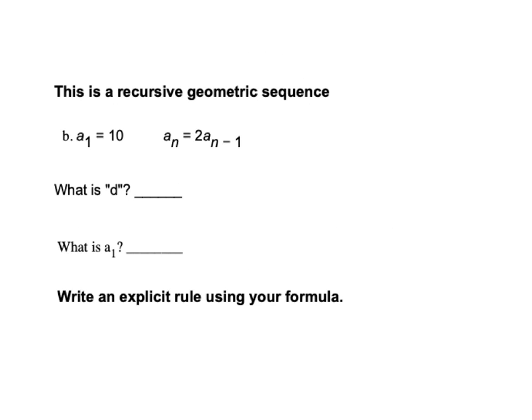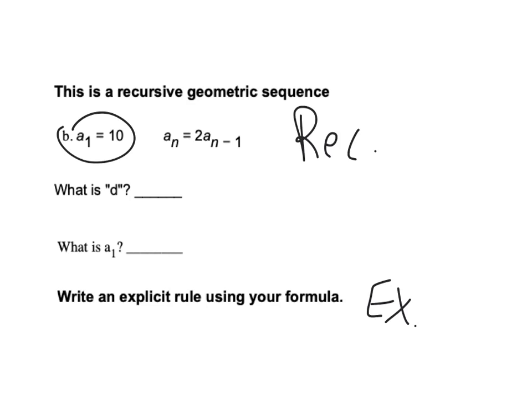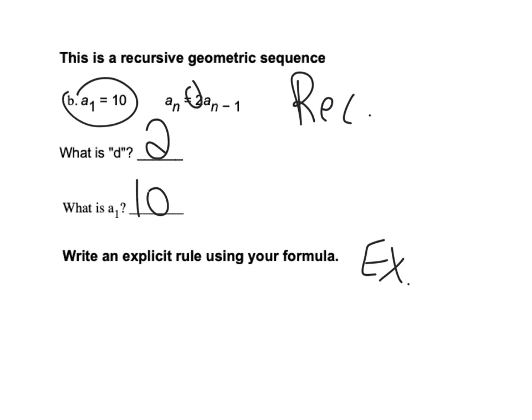Okay, this is a geometric sequence. We start recursive, and we are going to explicit. Okay, so we need to know our a sub 1, and we need to know what our r value is. Again, nice thing about recursive rules, we need to know what a sub 1 is. It tells us that's 10. And r, remember, is just that coefficient, which is 2.